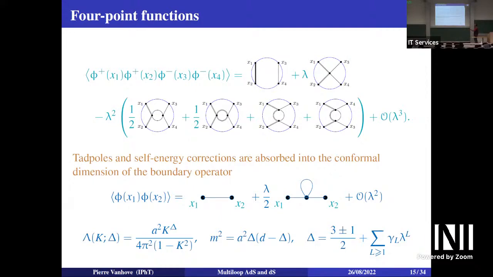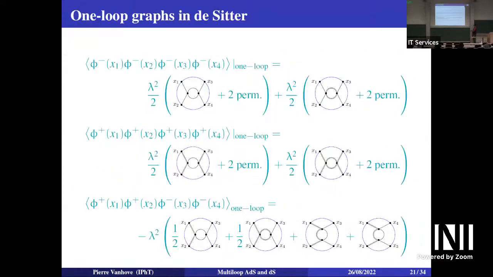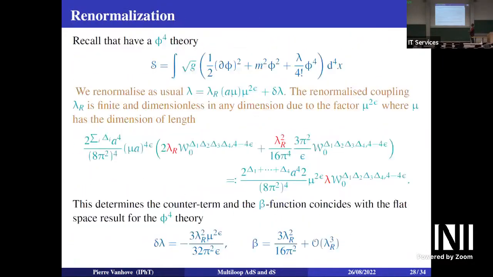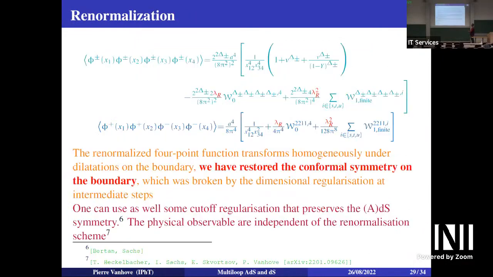When I do the epsilon regularization, the expression I get before renormalization doesn't satisfy that. It's broken. But once I have renormalized, the expression in terms of the renormalized coupling, when I sum everything, and in particular this mixed correlator, you check it has the correct conformal invariance.